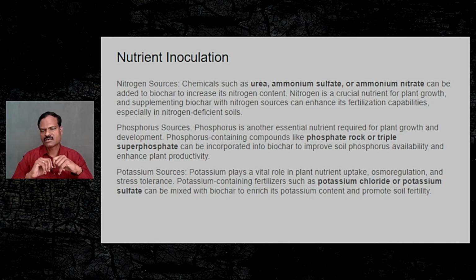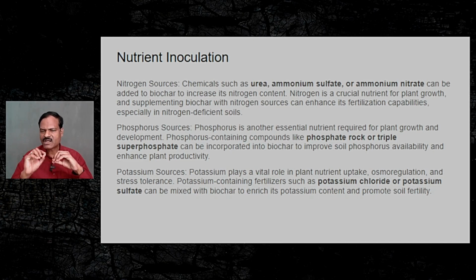Phosphorus sources. Phosphorus is another essential nutrient required for plant growth and development. Phosphorus containing compounds like rock phosphate or triple superphosphate can be incorporated into biochar to improve soil phosphorus availability and enhance plant productivity.